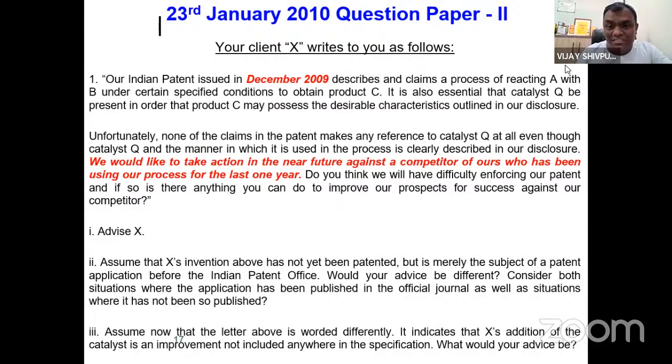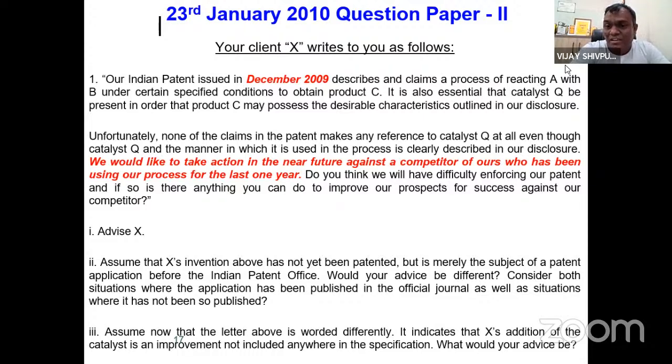Consider both situations wherein the application is published as well as not yet published. Third question: assume now that the letter above is worded differently. It says that X's addition of a catalyst is an improvement, not included in the specification. What would your advice be? Three questions. Would there be any difficulty in enforcing the rights against the competitor?